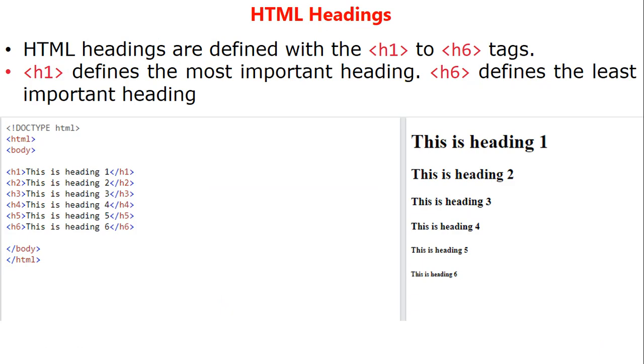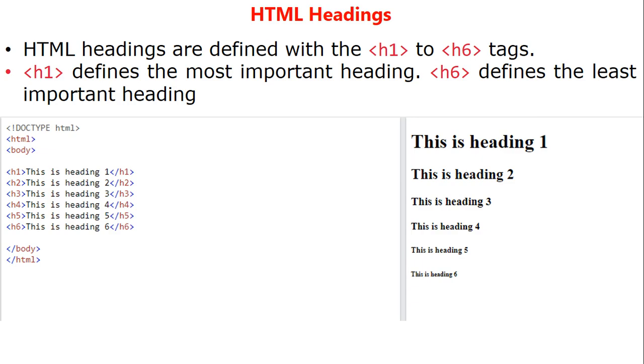Now, HTML headings. A total of 6 headings are defined by HTML, from H1 to H6. H1 is the most important heading, being the largest heading, while H6 is the least important heading.